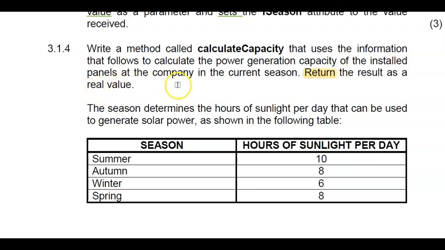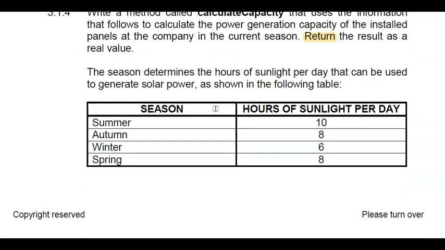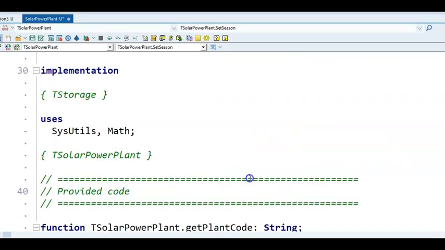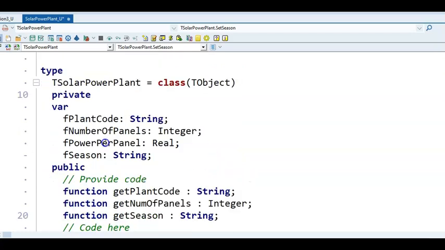And they give us the formula for the power generation capacity that these sun panels can produce. So there's the formula. We're going to take the number of panels times by the power per panel. Now, if you remember, if we just quickly go back here, the power per panel is real.